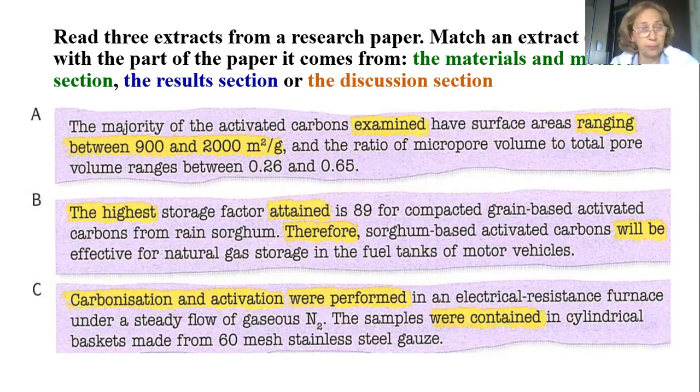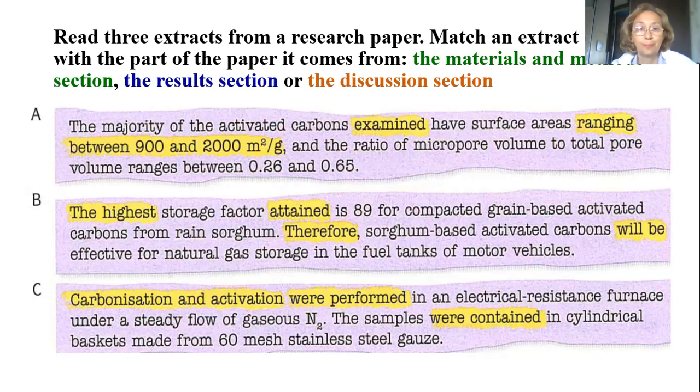So Aidana, read the first one, please. The majority of the activated carbons examined have surface areas ranging between 900 and 2,000 meters square per gram, and the ratio of micropore volume to total pore volume ranges between 0.26 and 0.65.